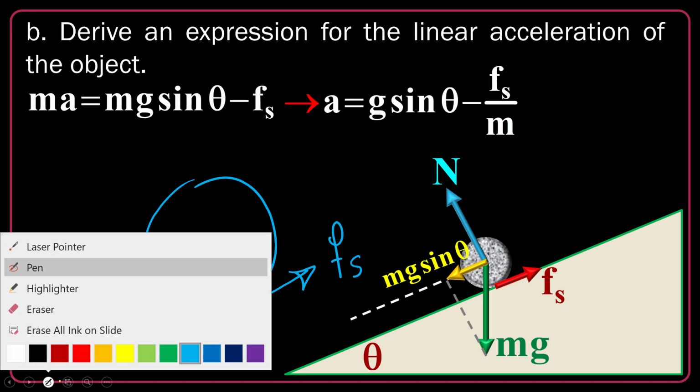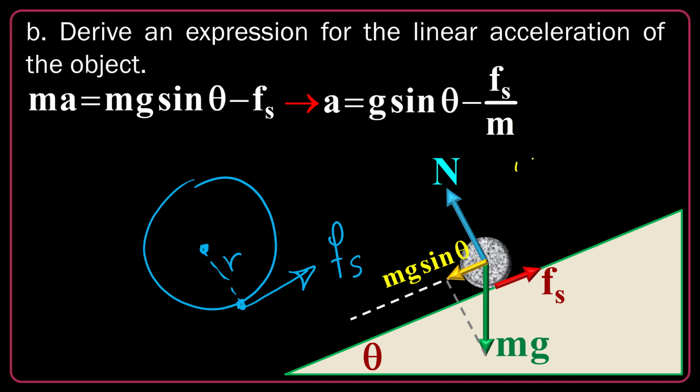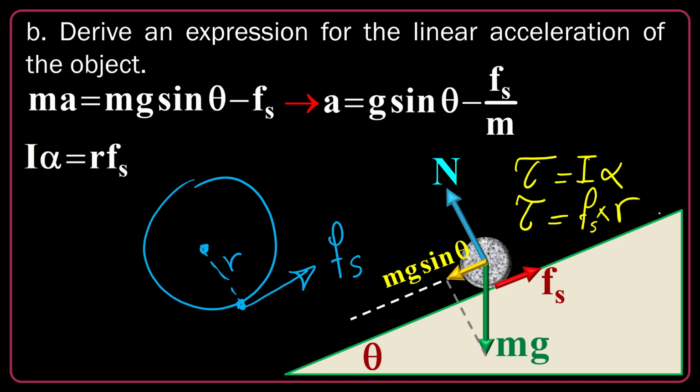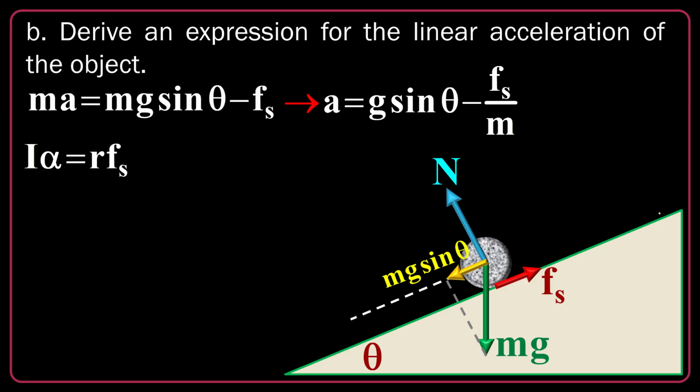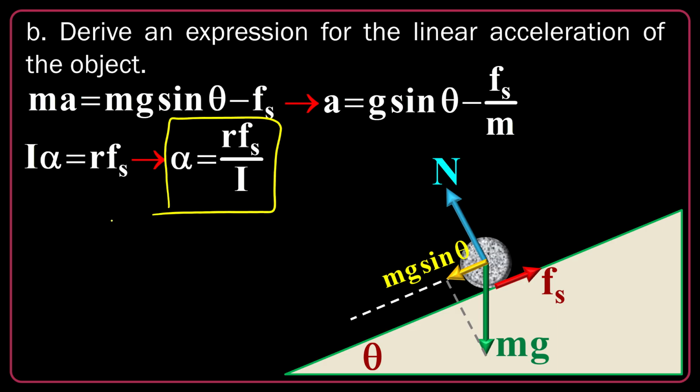Newton's second law in rotational motion is torque equals I alpha. On the other hand, torque created by this Fs is force times distance. I can put them equal. Yes, it's very important. Then I can rearrange the equation and find alpha to be R Fs divided by I.